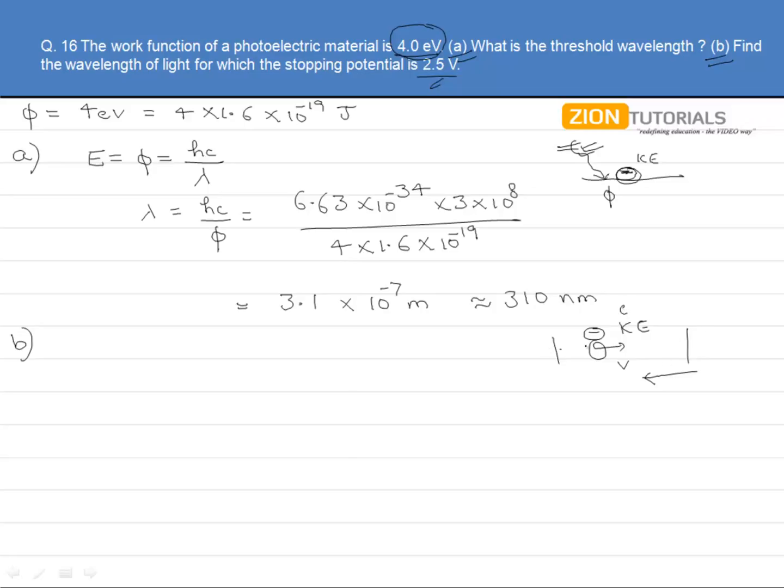If we apply the voltage V, then it is retarded by the force eV, that is charge into the potential difference. We call this V the stopping potential. So what I can say from here is that 2.5 volts is applied, that is 2.5 electron volts.